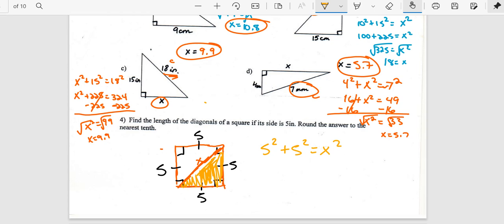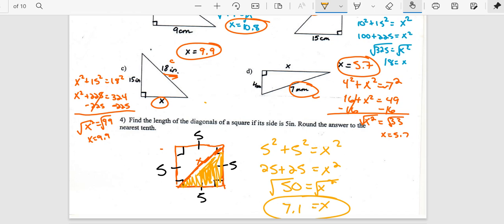So it's going to be 25 plus 25 equals x squared. That's 50 equals x squared. The opposite of squaring is the square root, so we square root both sides. And we end up with x equals, the square root of 50 is 7.07, and we're going to round to 7.1.